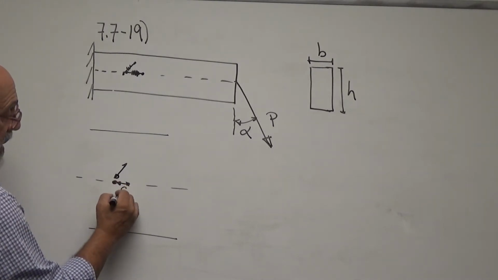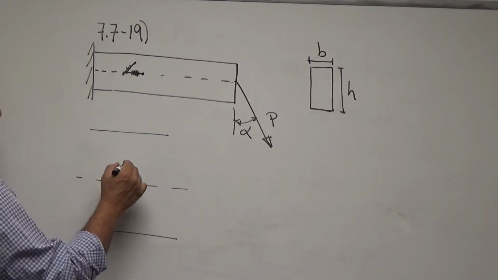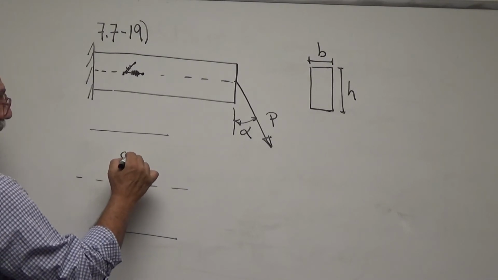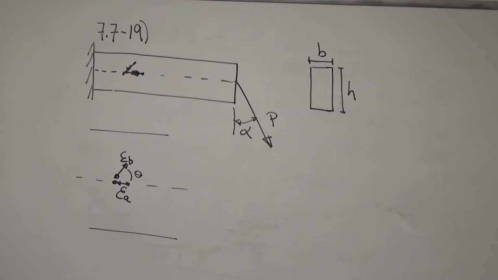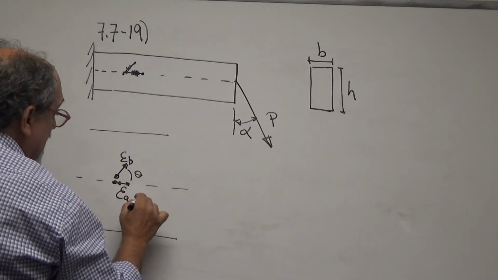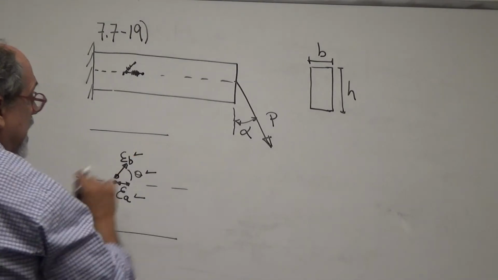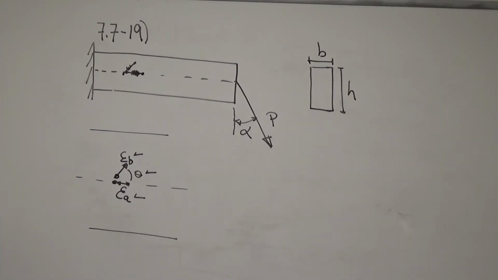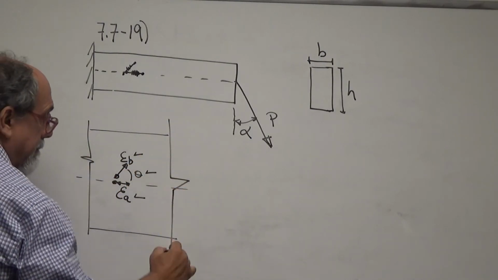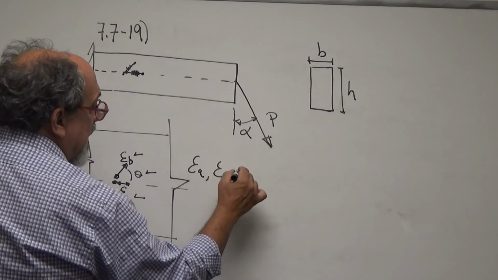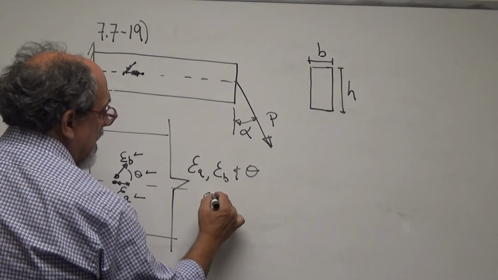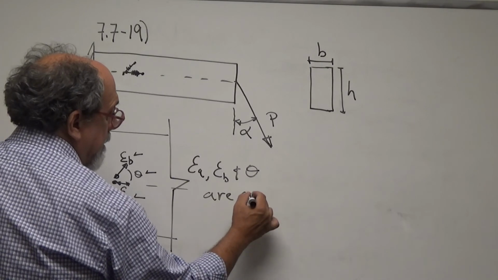The strain in the horizontal direction is epsilon A, and the strain at an angle theta is epsilon B. The book gives values for epsilon A, for theta, and for epsilon B. This is the beam. Epsilon A, epsilon B, and theta are known, are given.